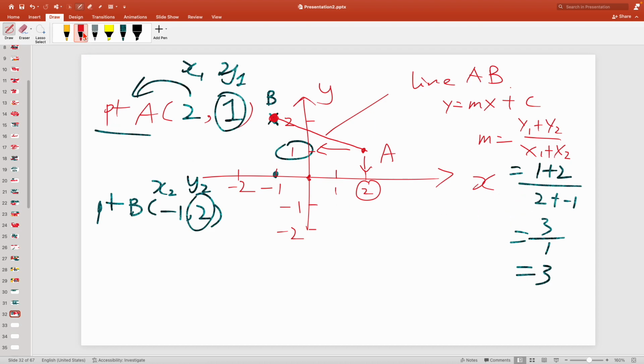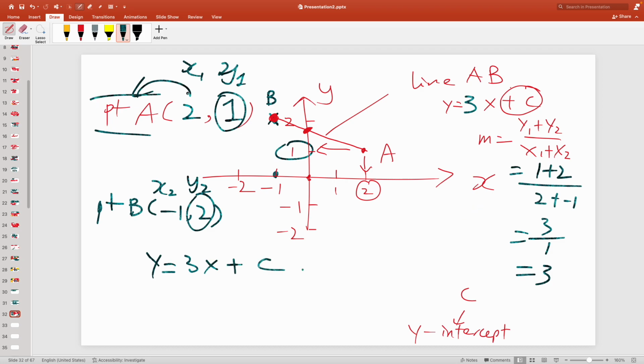Then how do you find the c? c is the y-intercept, right? We talked about it. Y-intercept means where the line cuts the y-axis. Here, but you cannot find it. So what you need to do is just replace the m with 3. Just use this point.